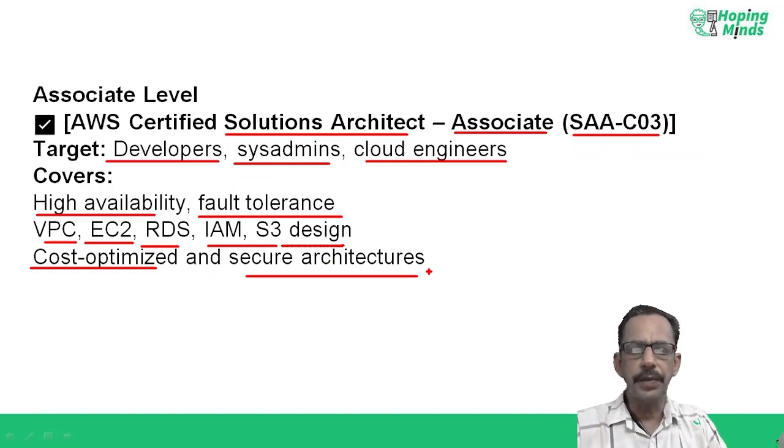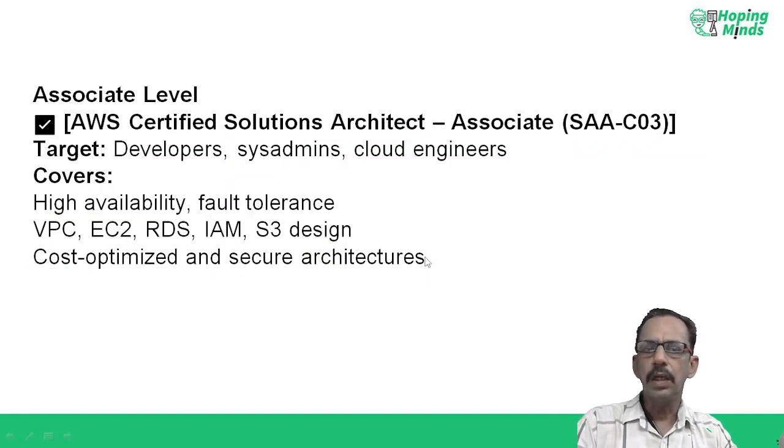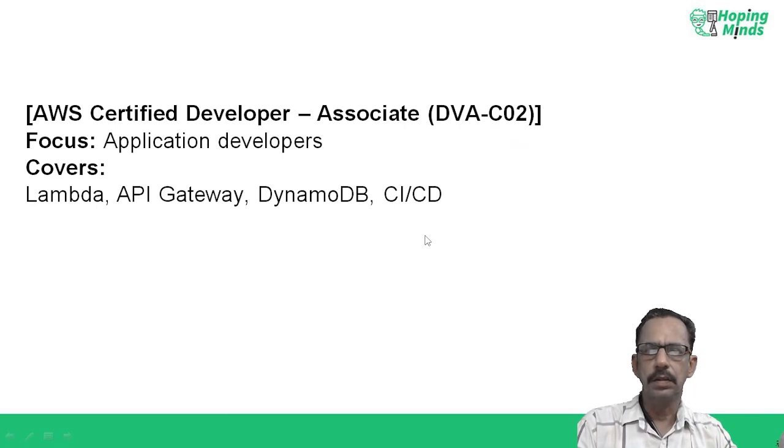These topics are covered not at basic level but at intermediate level. So any person having 2, 3, or 4 years of experience in a cloud environment, it's best to go with this associate level certification for solutions architect.